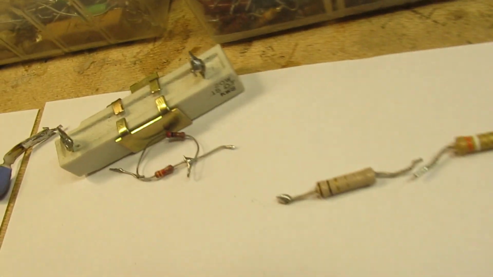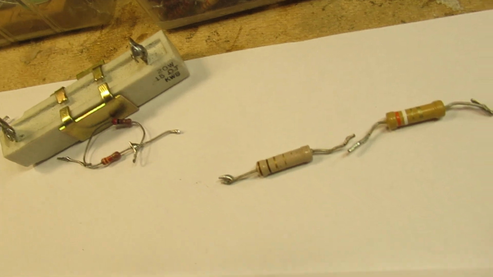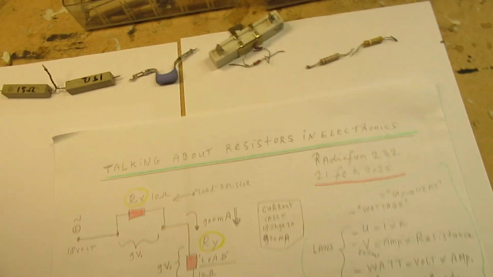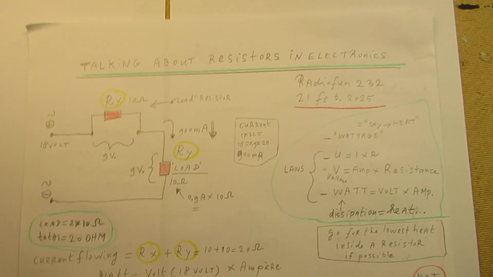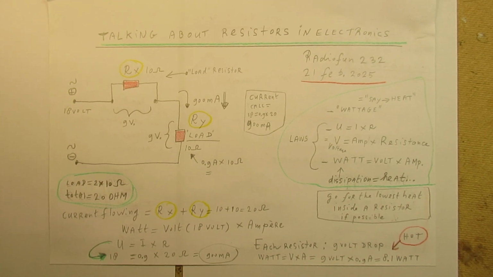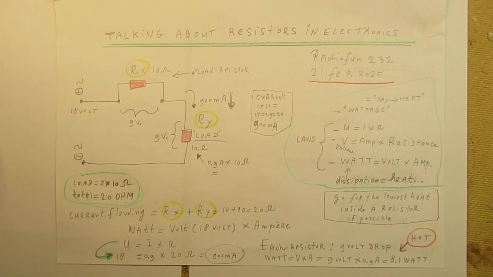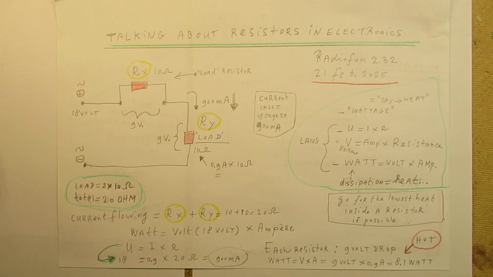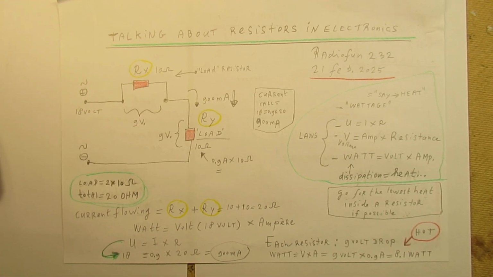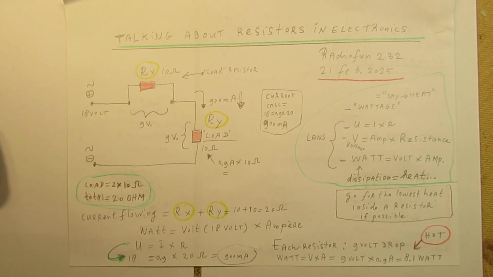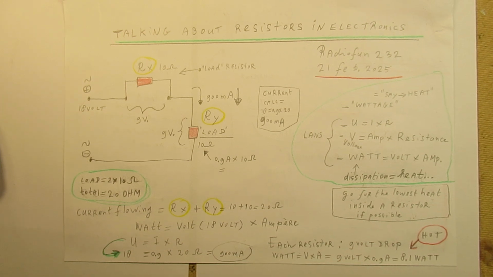Anyway, here a 10 ohm resistor, etc. Well, this is at first the schematic, and this is of course not a schematic to make something. It only shows the things that I want to tell about the use of resistors.